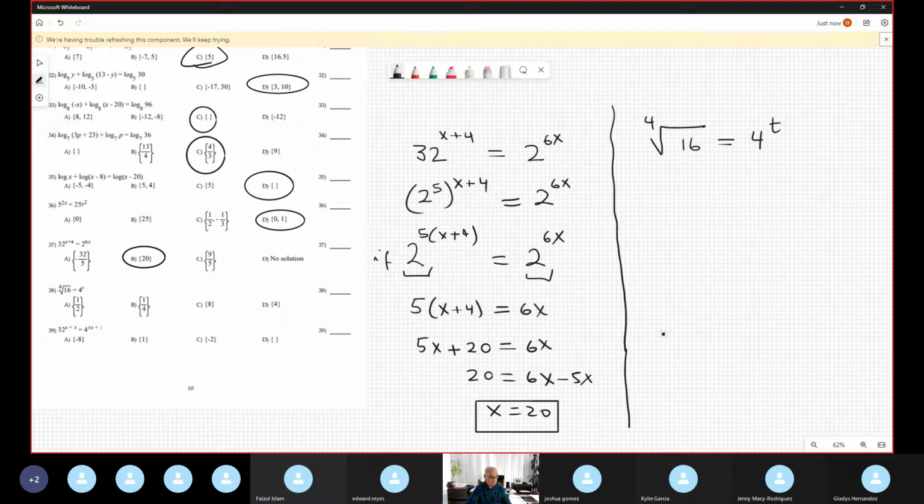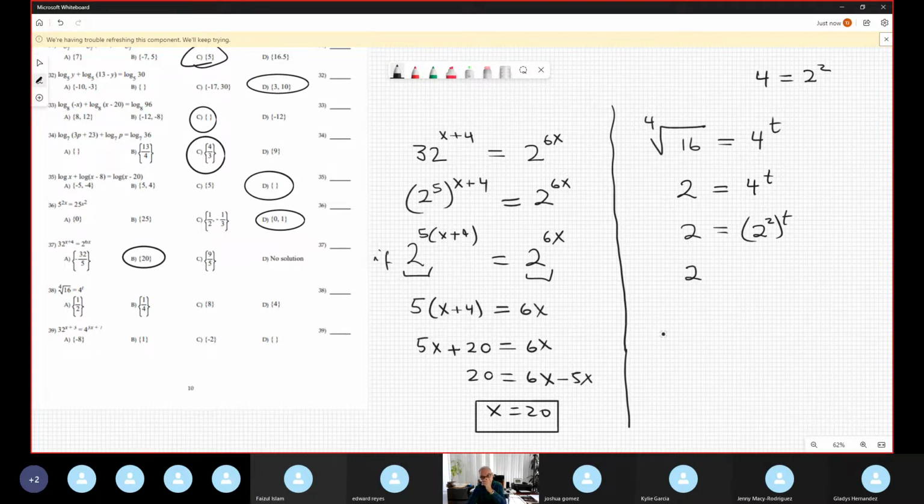Wow, this is easy. This is easy because the fourth root of 16 is 2, no? And 4 is 2 to the second power, no? So 2 equals 2 to the second power raised to the t.